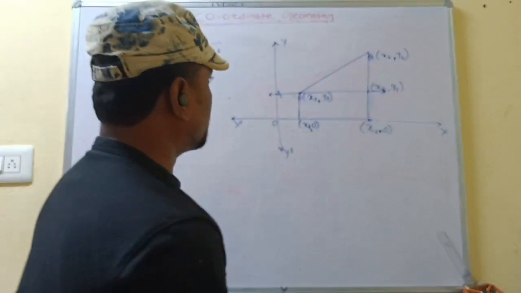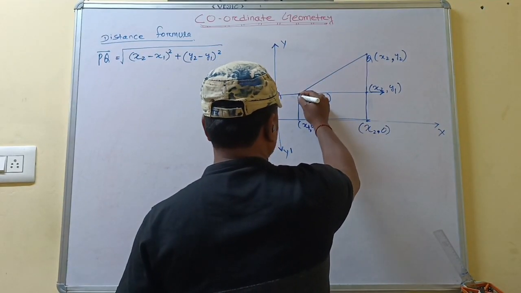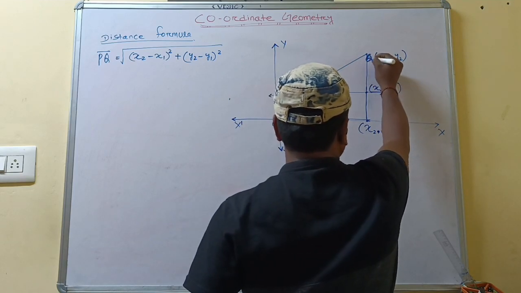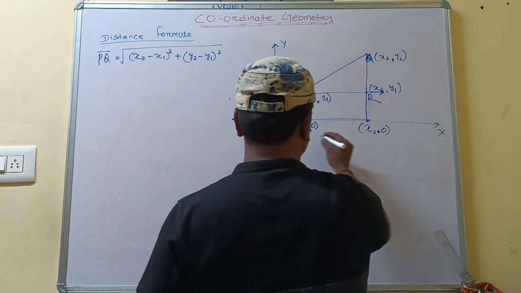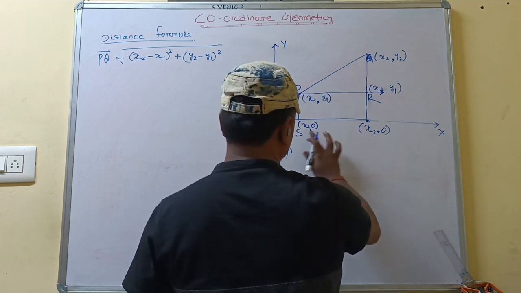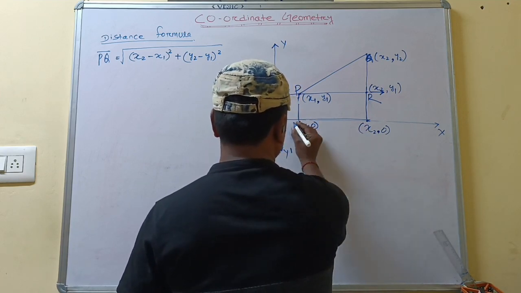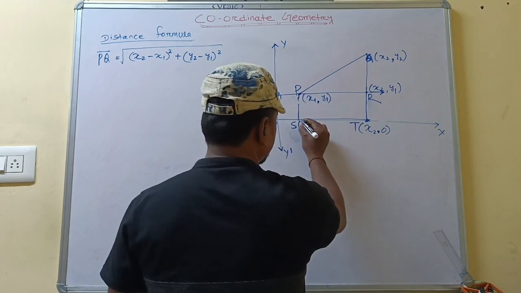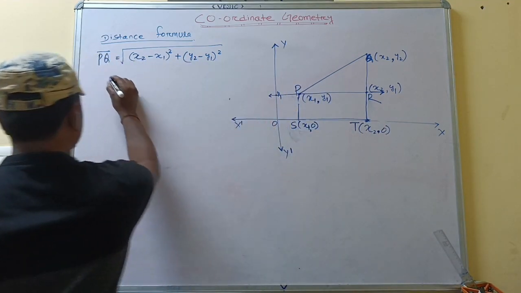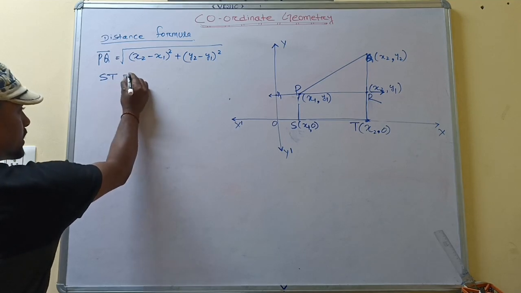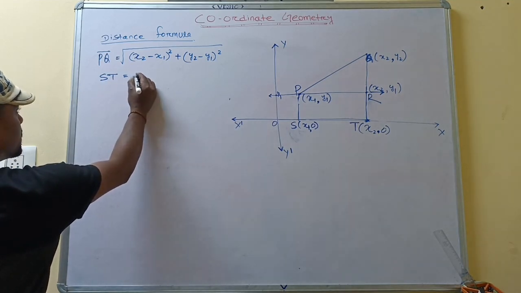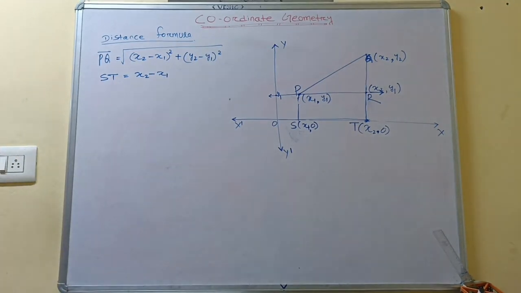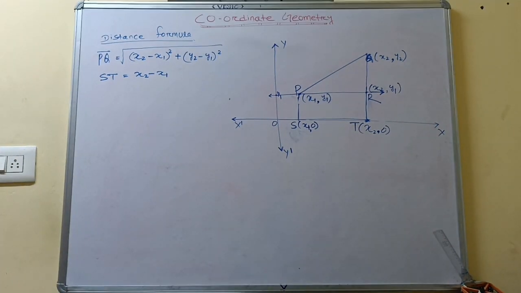So now in this triangle, this is P and this is Q. Suppose this is R, this is S and this is T. Now this distance ST is equal to x2 minus x1, because it is only a distance on the x-axis.